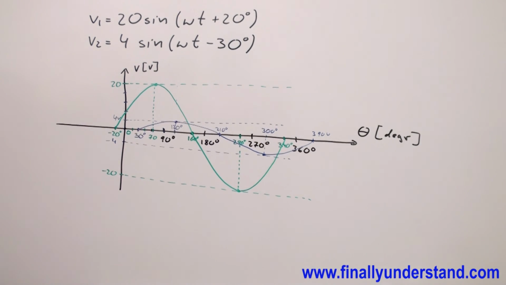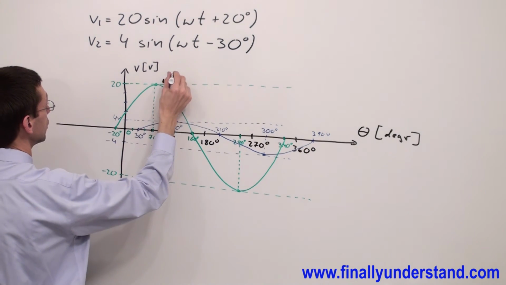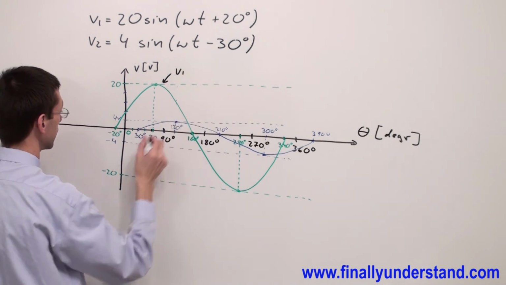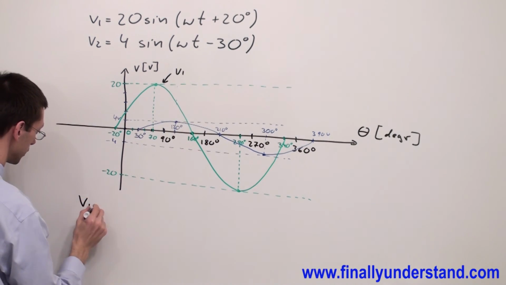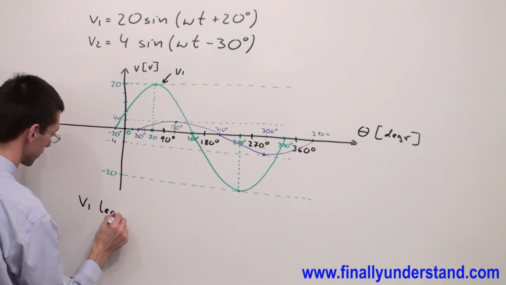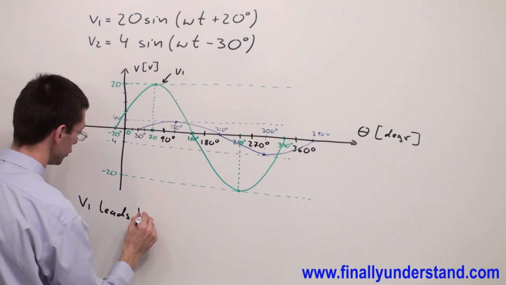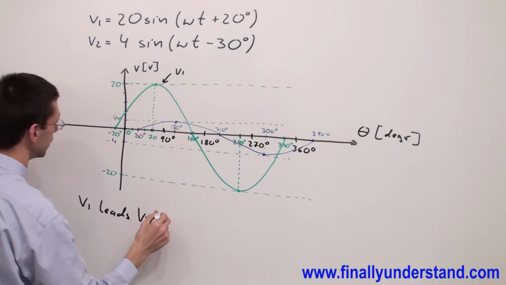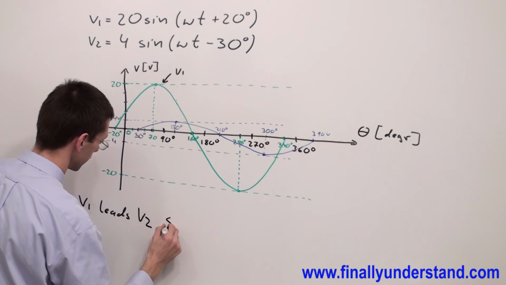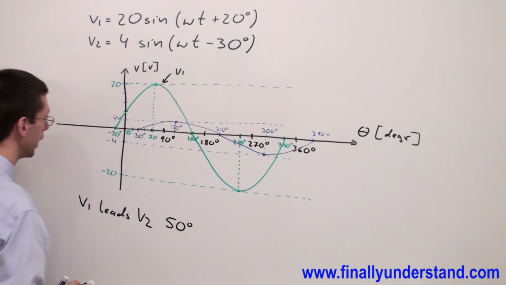So the final answer to this problem is that voltage V1 leads V2 by 50 degrees. Why?